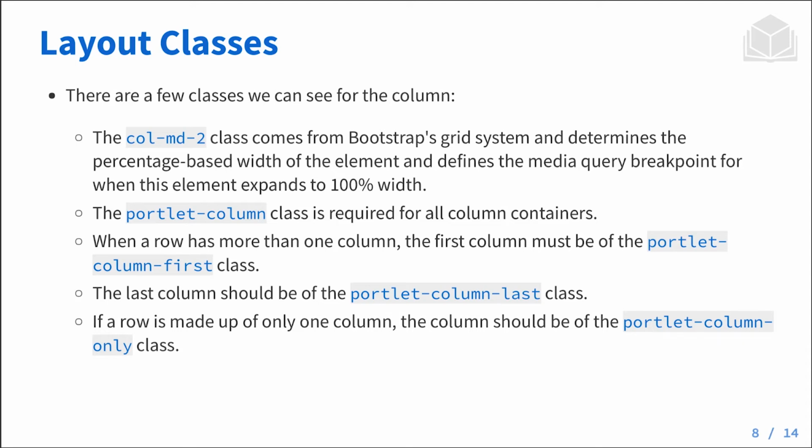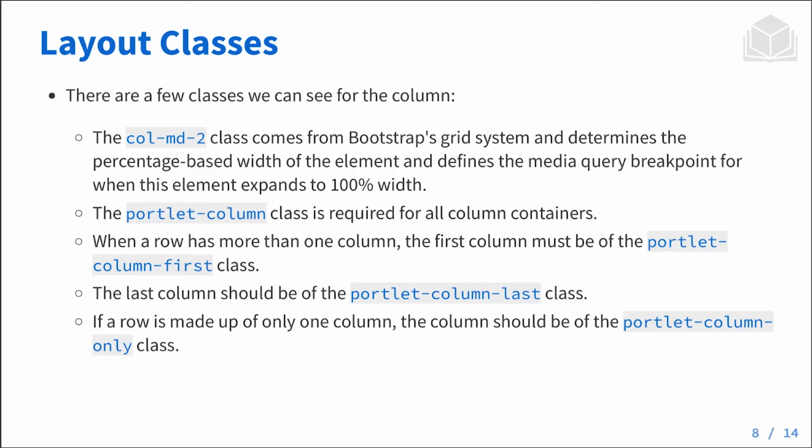And we have portlet-column-first and portlet-column-last, which need to be identified in the first and last columns in any given row. If a row is only made up of one column, there is the portlet-column-only class that should be included as well. Again, if you're using that graphic editor, it's going to automatically apply these for you. But if for some reason you want to modify the source or create it from scratch yourself, make sure that these classes are included.